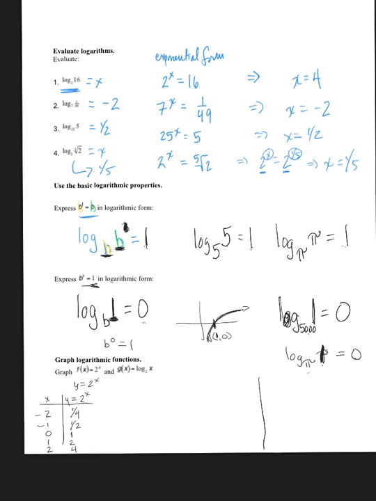So I could graph that parent exponential function. y equals 2 to the x, I know has these points. So I'm just plotting these points, sketching a little graph. So for my exponential function, I have this graph. Now, if I take every single one of these points and I interchange the x and the y values, interchange my domain and my range, I'm going to get the inverse of that function.